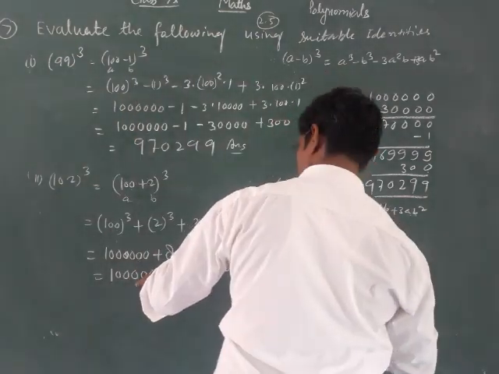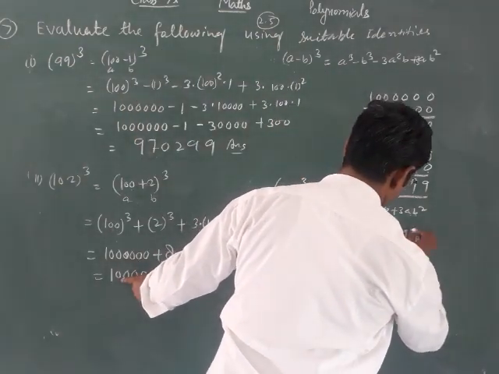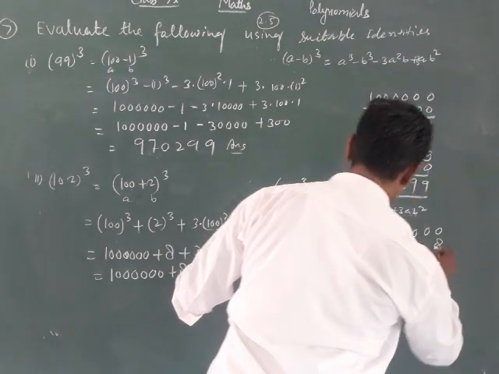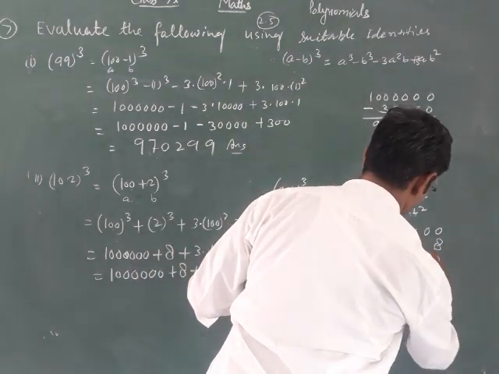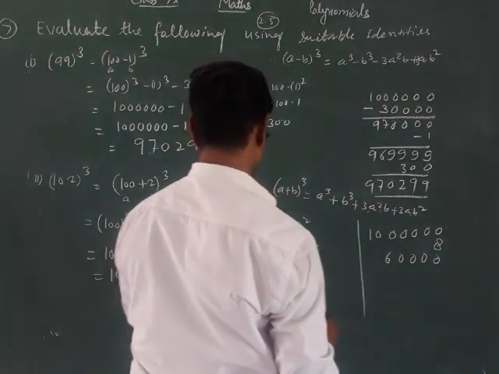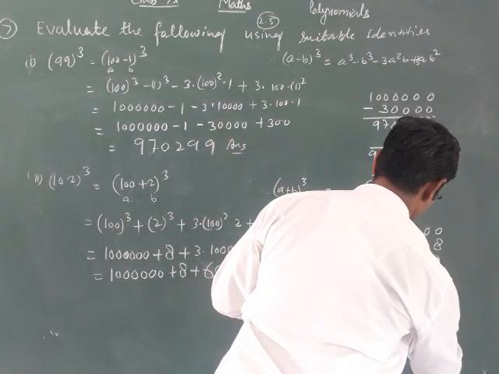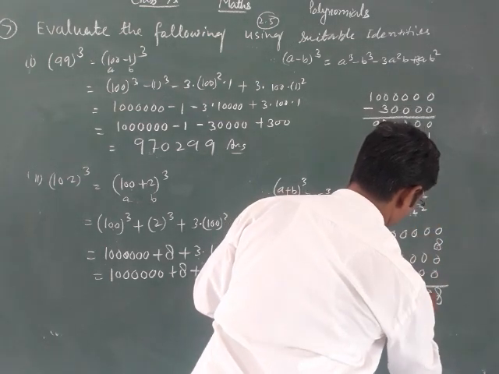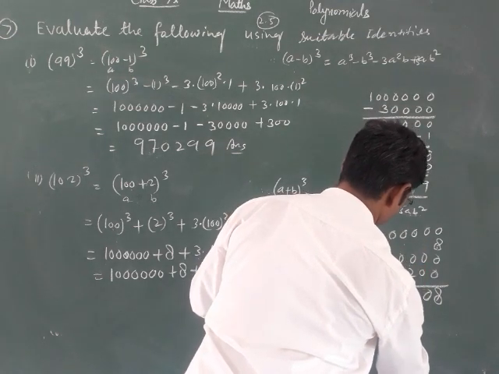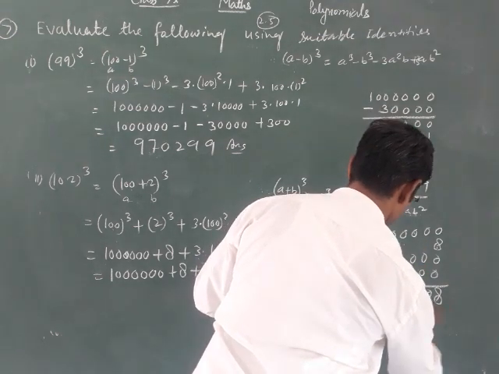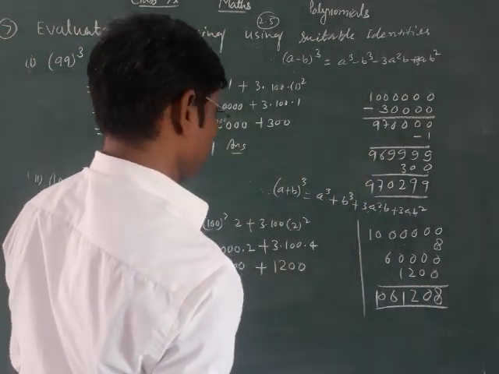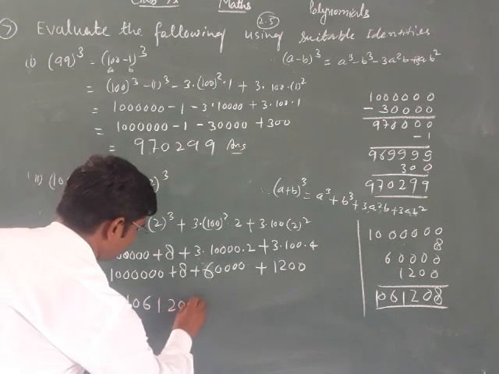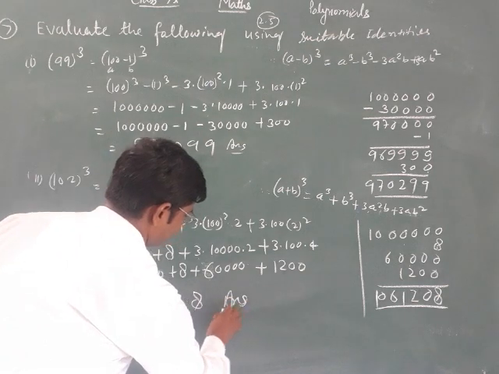Now solve it: 1,000,000 plus 60,000 plus 1,200 plus 8, so this is 1,061,208. This is the answer.